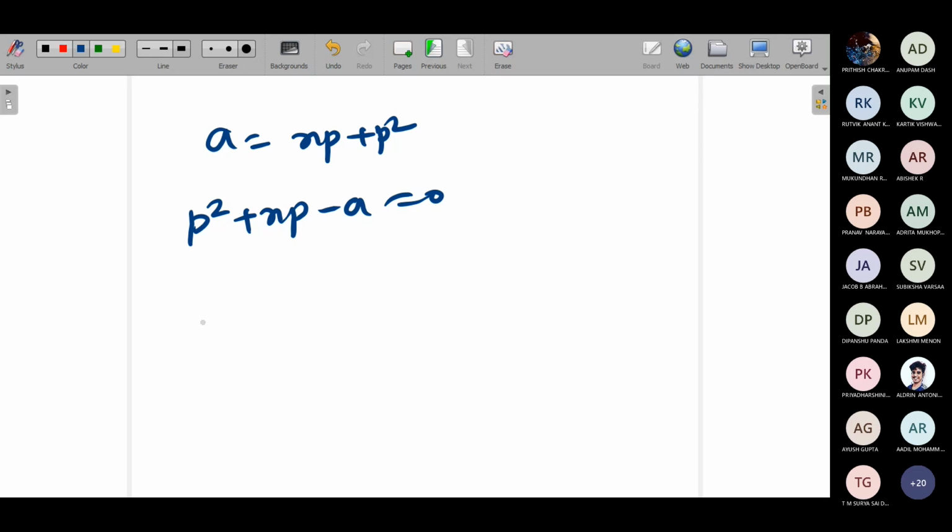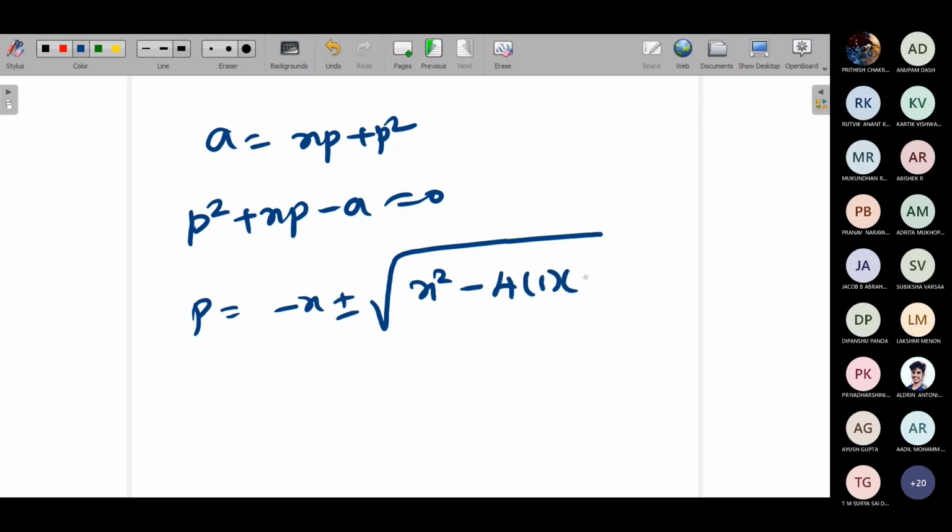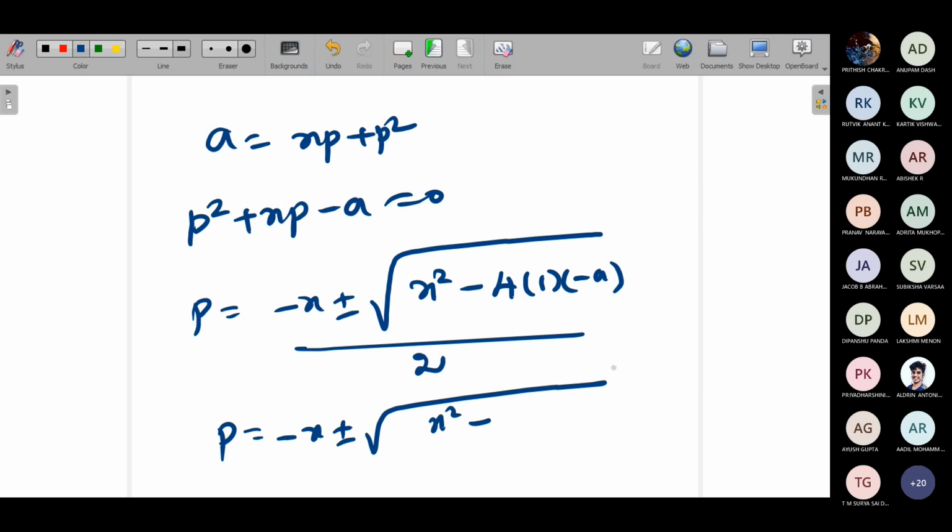So what will be your p? p will be minus b plus or minus square root of b square minus 4ac, divided by 2a. So p will be equal to minus x plus or minus root of x square minus minus of minus plus, you can write it as plus 4a, divided by 2.